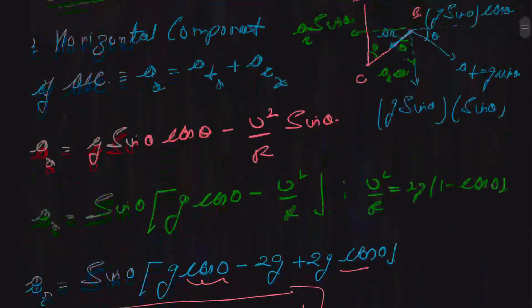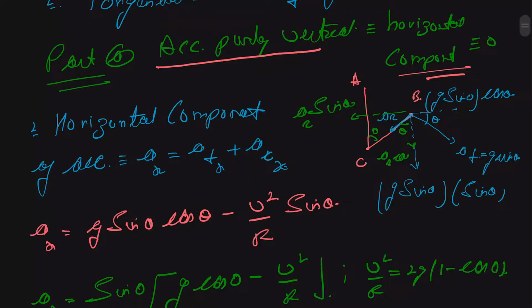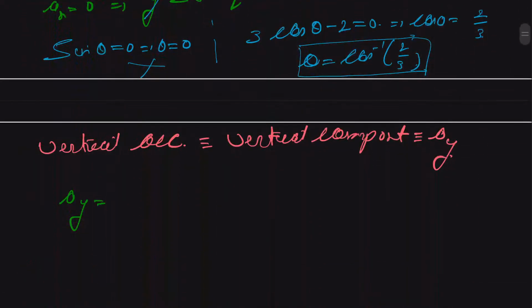we have two components in the y direction and both are in the downward direction. So that will be minus a_r cos of theta and g sin square of theta. So we get a of y as a radial component in y direction plus tangential component in y direction.